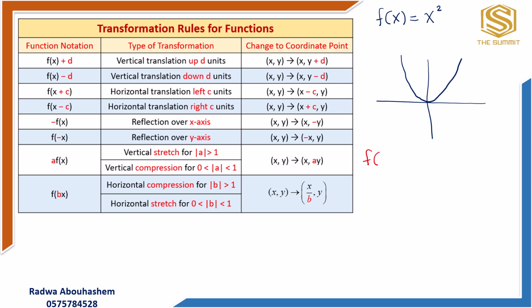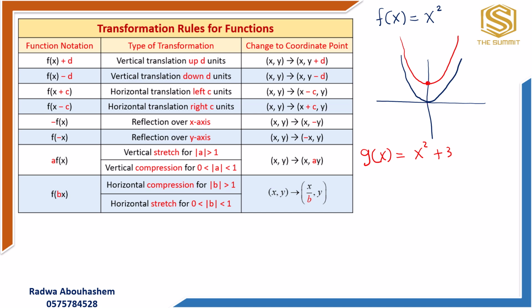Let me make it g of x to be different. g of x equals x power 2 plus 3. This is a vertical translation, 3 units. So 1, 2, 3, it would be like this. I moved up 3 units.